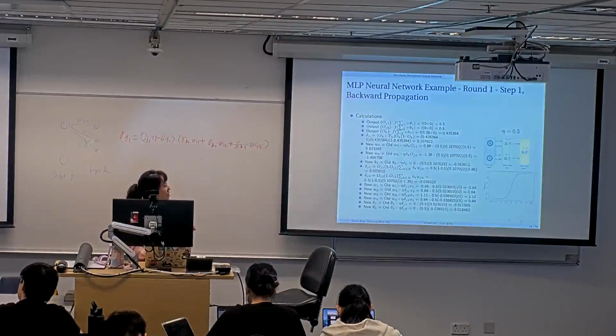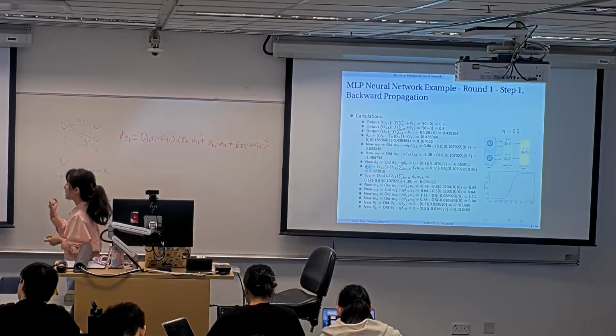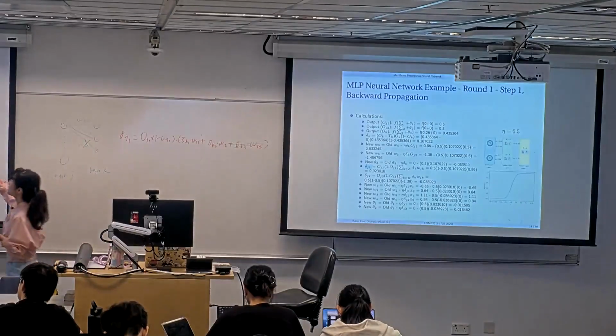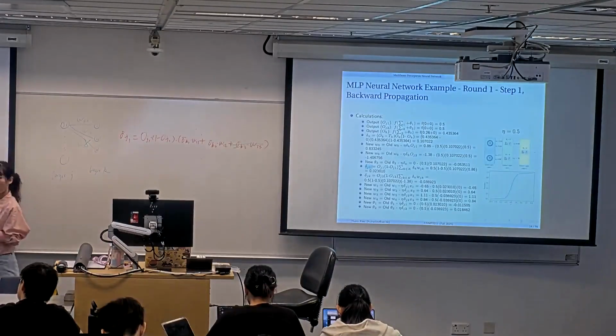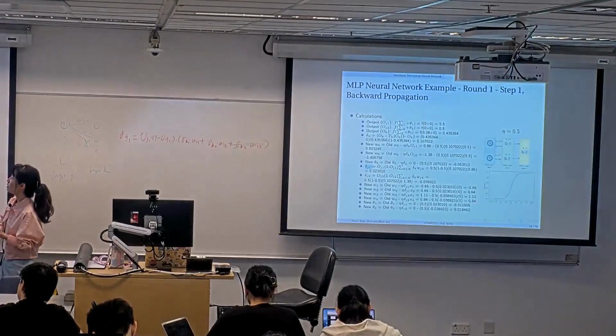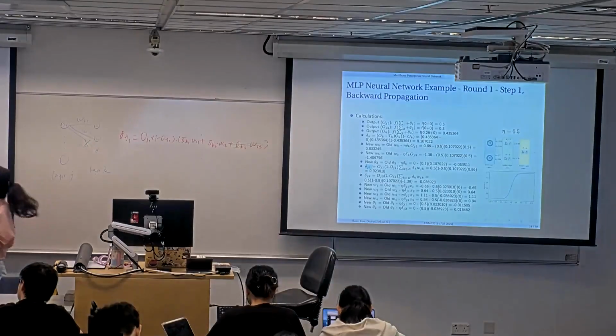Then according to delta J1, we can update all the parameters associated with this node J1. Let's see what parameters are associated with J1.